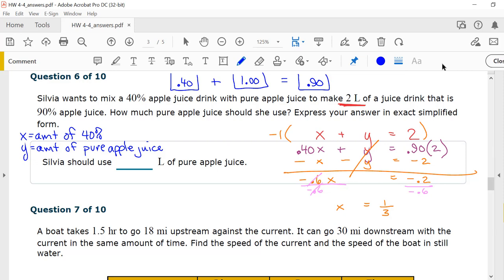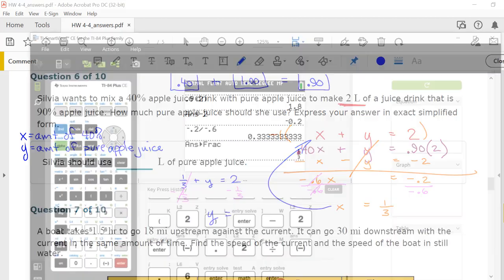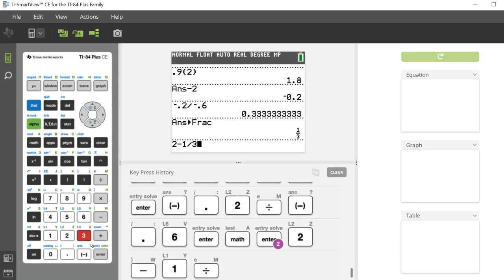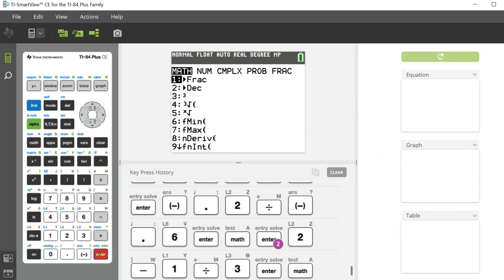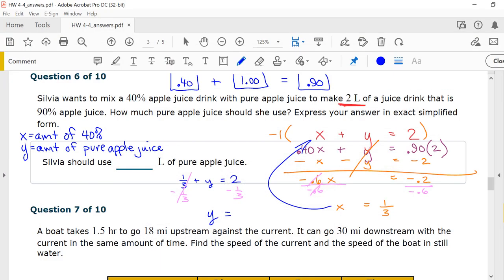So if I know X plus Y equals 2, 1/3 plus Y equals 2. Subtracting 1/3 from both sides, Y would equal 2 minus 1/3, which is 5/3. So I want 5/3 liters of pure apple juice.